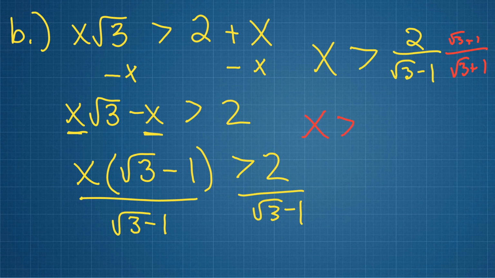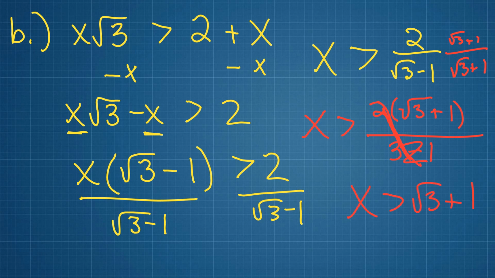So x is greater than, the top turns into 2 times the quantity radical 3 plus 1. The bottom is 3 minus 1, which is just 2. The 2's cancel. So my final answer is x is greater than radical 3 plus 1. Once again, that's a kind of complicated way to solve that, but it worked.